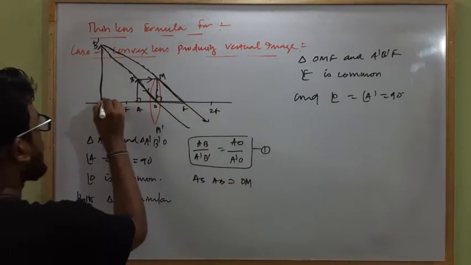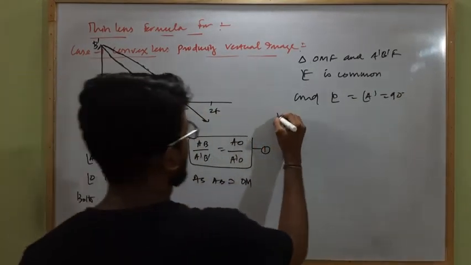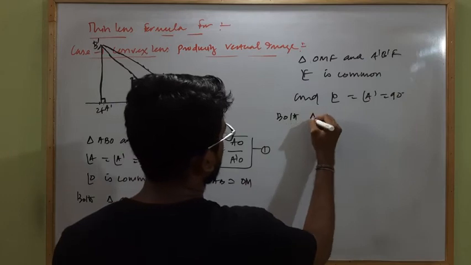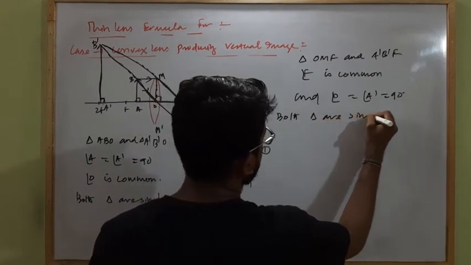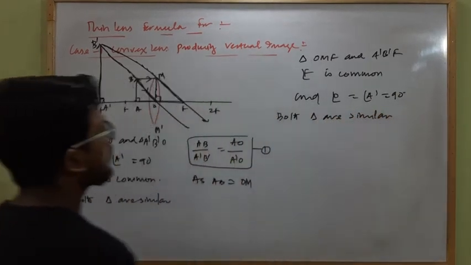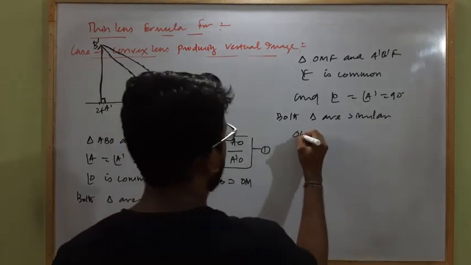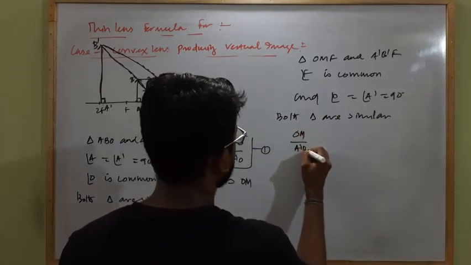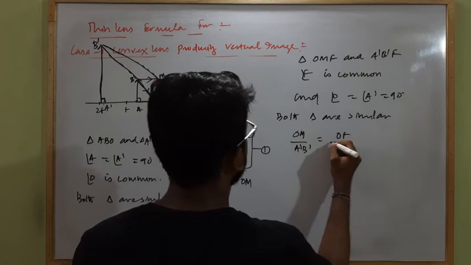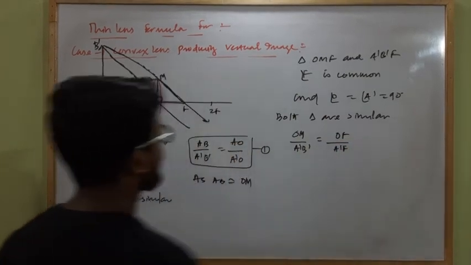This angle and this angle are 90 degrees. So both triangles are similar, so the corresponding side ratios will be equal. So OM divided by A'B' equal to OF divided by A'F.